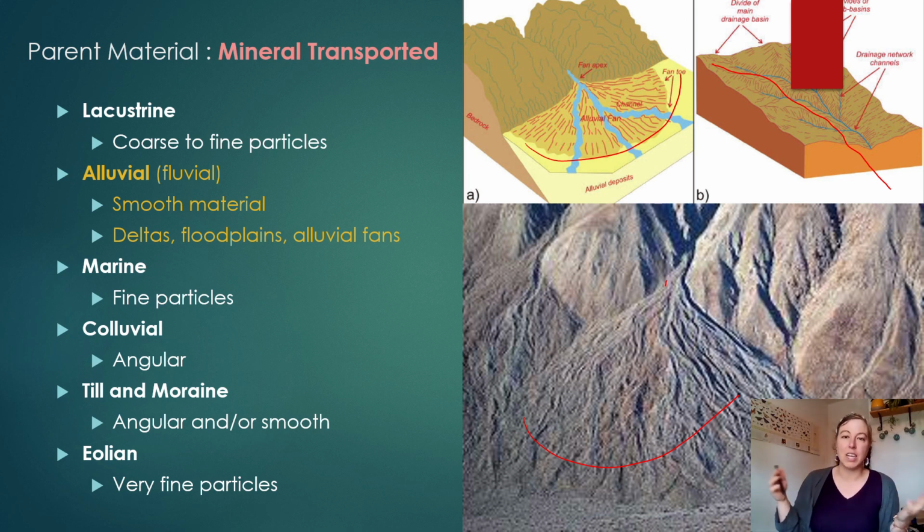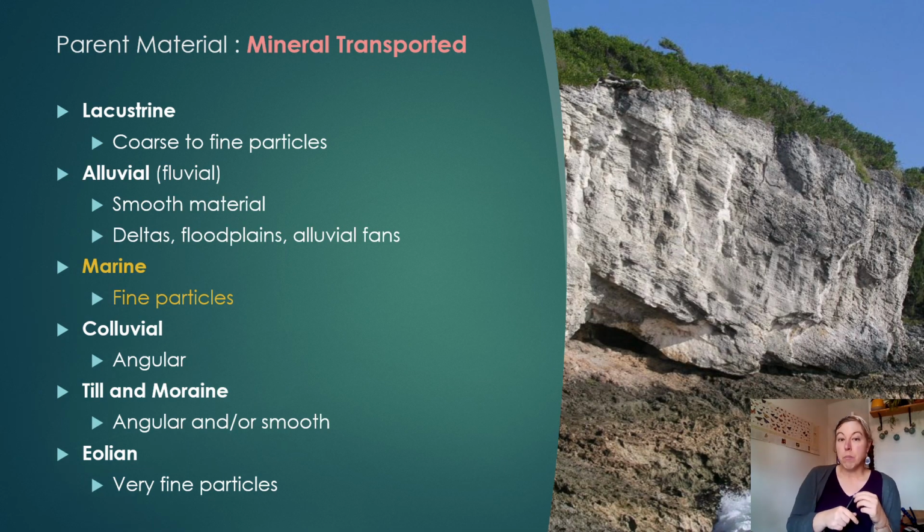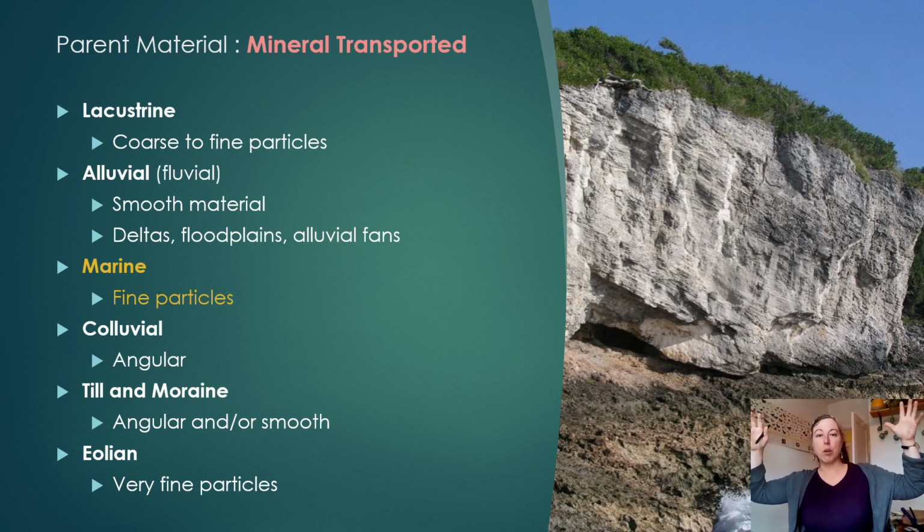You also see this in deltas, when a river hits an ocean. In marine situations, so lacustrine is lakes, marine is ocean, you get these very, very fine particles because the heavier particles will land closer to shore. It's only the super fine particles that end up at the bottom of the middle of the ocean.